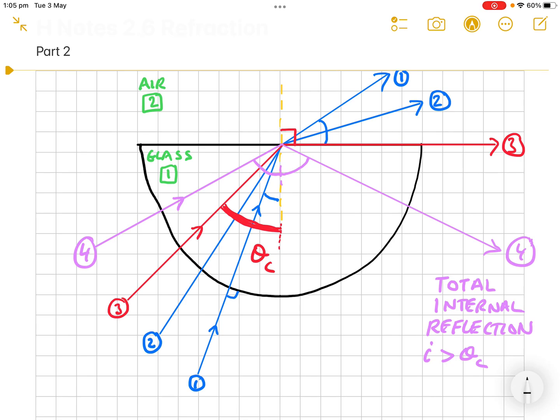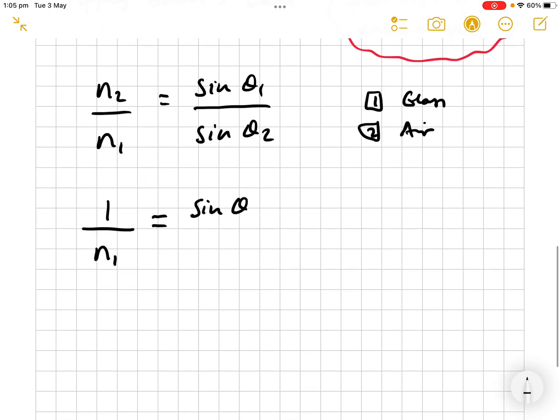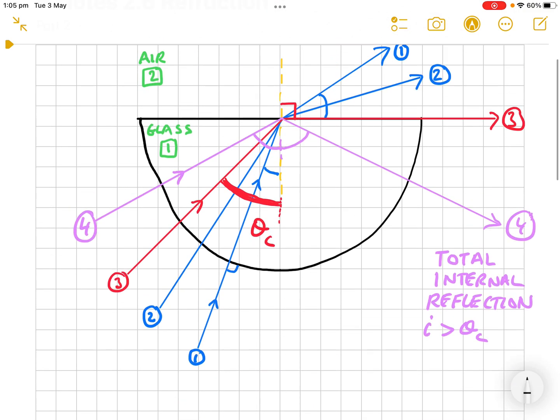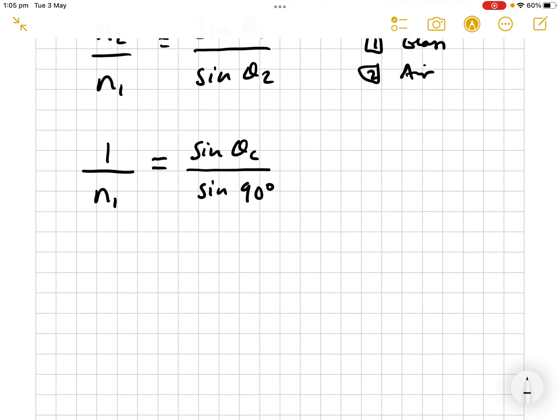Now at the critical angle, the angle of incidence is the critical angle, so that becomes sine theta critical. And theta 2 is, of course, 90 degrees in the air. So that's sine of 90.